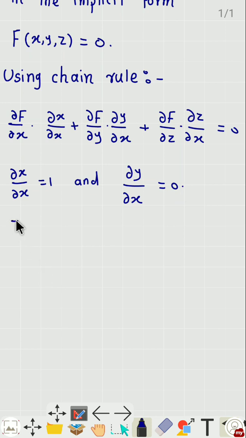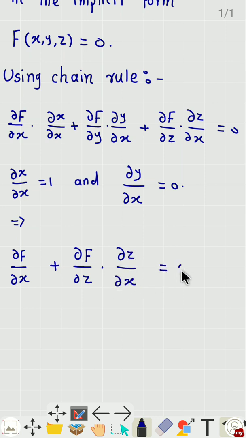So the above equation becomes: dou f by dou x plus dou f by dou z into dou z by dou x is equal to 0. Now finally we find the value of dou z by dou x.